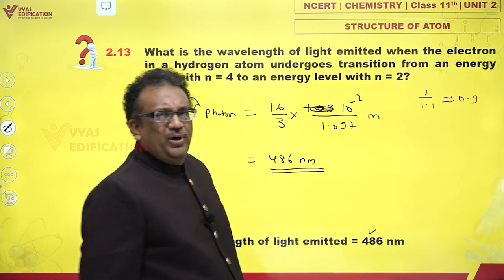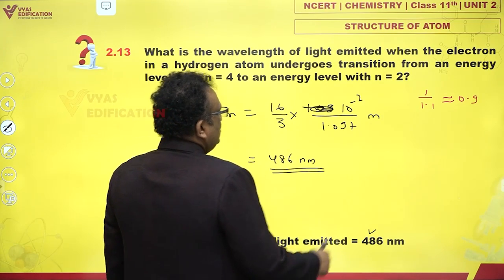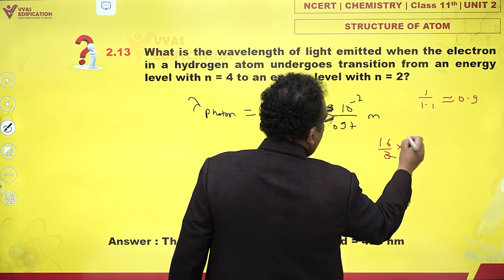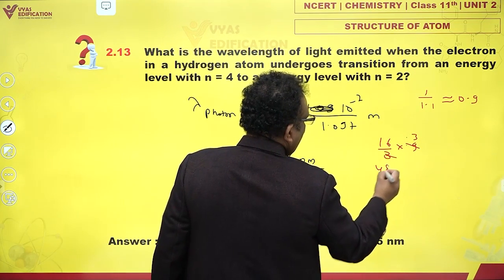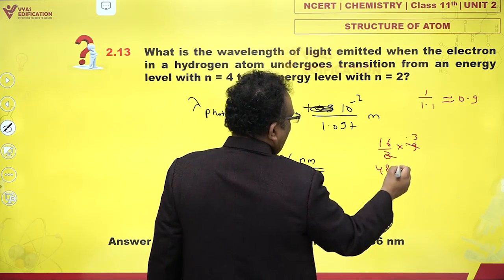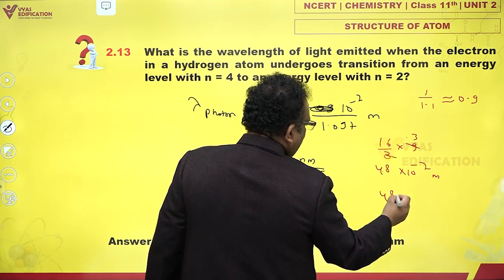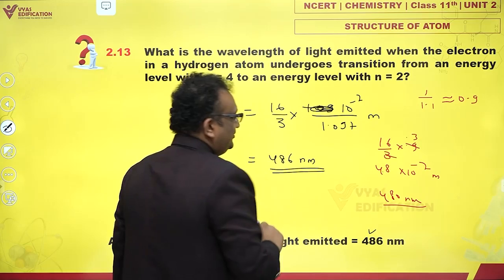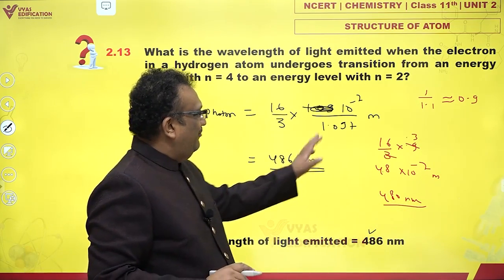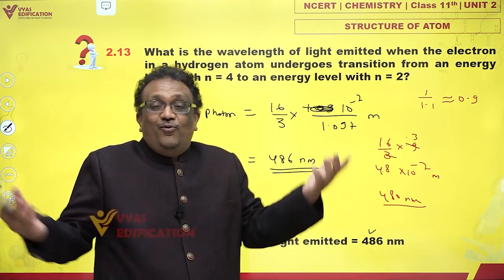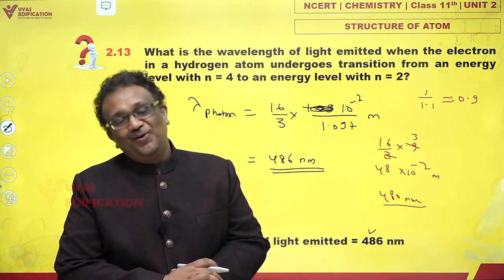So this is 16 by 3 into 0.9. 16 times 0.9 is 14.4, divided by 3 gives 4.8, so this is 4.8 into 10 raised to minus 7 meter, or 480 nanometer. By gross approximations I get this, and if you do this very accurately you get 486. Well, we are pretty close.